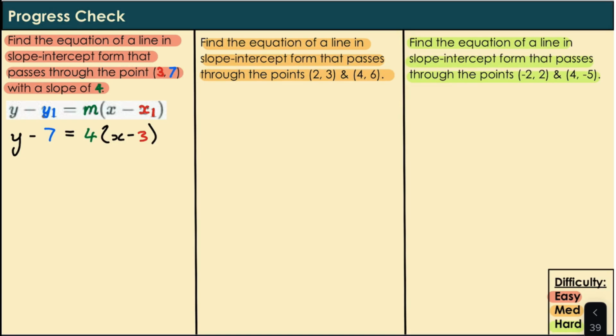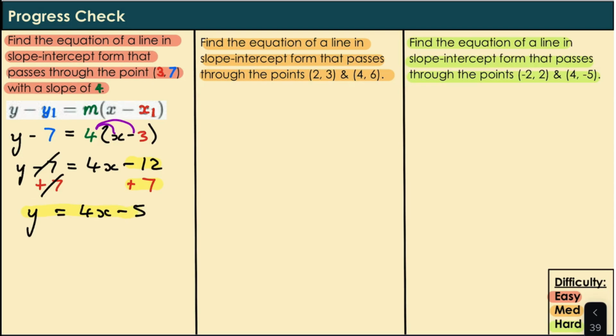The question asks for slope-intercept form, so we need to remove those brackets. 4 multiplied by x, 4x. 4 multiplied by negative 3, negative 12. We need to add 7 on both sides, so we isolate the y. The y comes down, negative 7 plus 7 cancels, and we have 4x, and then negative 12 plus 7 will give us negative 5. And there is my slope-intercept form equation.